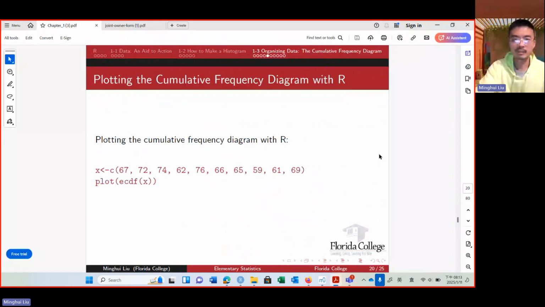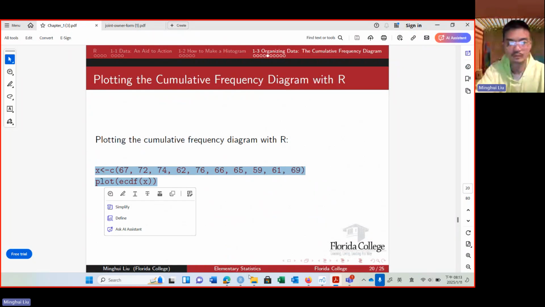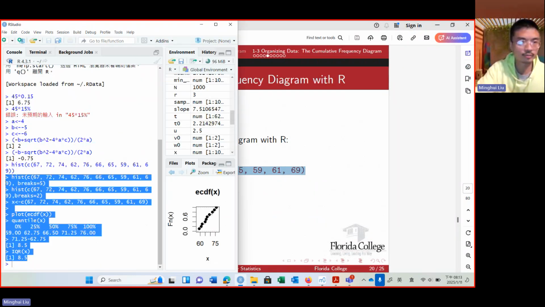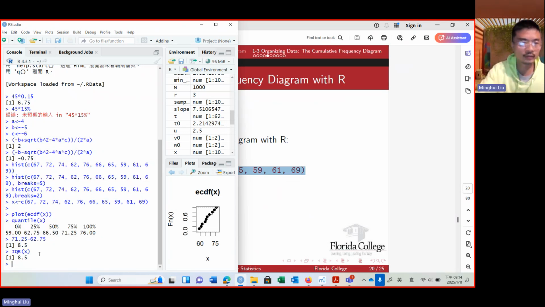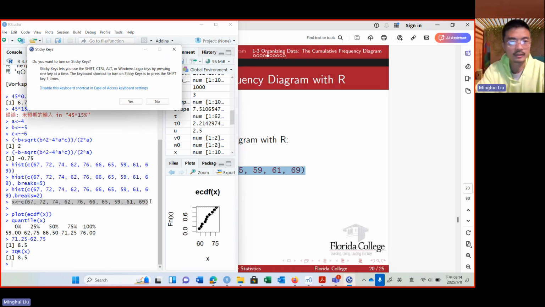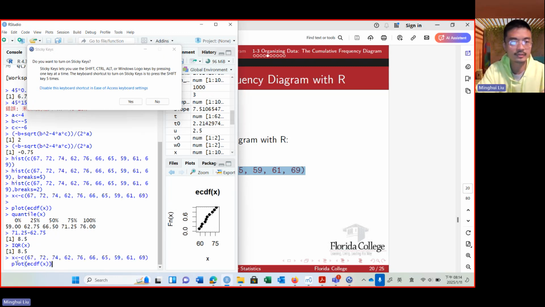All right, and can this thing be done in R? The answer is yes, depending on how complicated you want things to be. If you understand simple R code, let me just erase what I had before. First of all, you define x as a vector. The c is simply to define it as a vector.